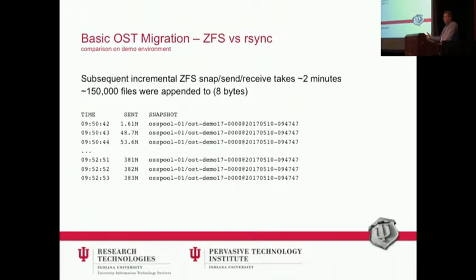When we did the incremental snap send receive, it was fairly quick, only 2 minutes, because the snapshot is keeping track of those changes specifically, as opposed to having to reevaluate all million files to say what has changed. So 2 minutes for the incremental snap send receive.